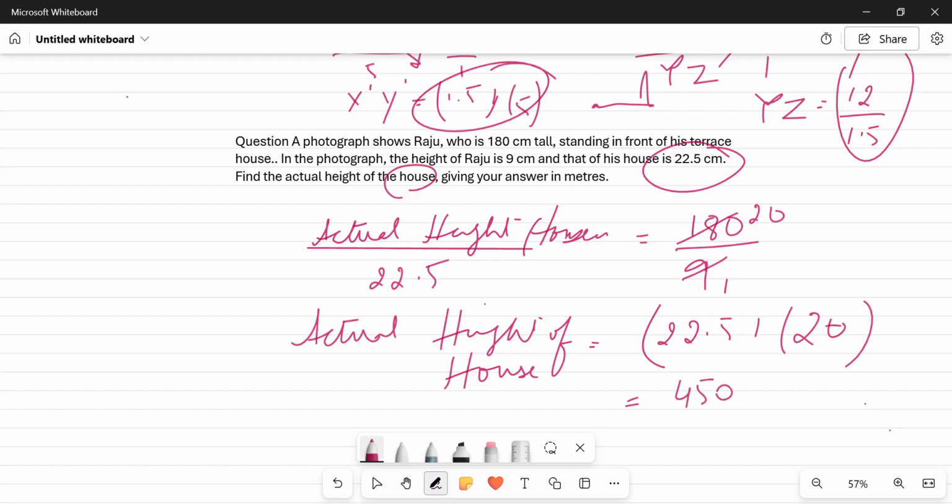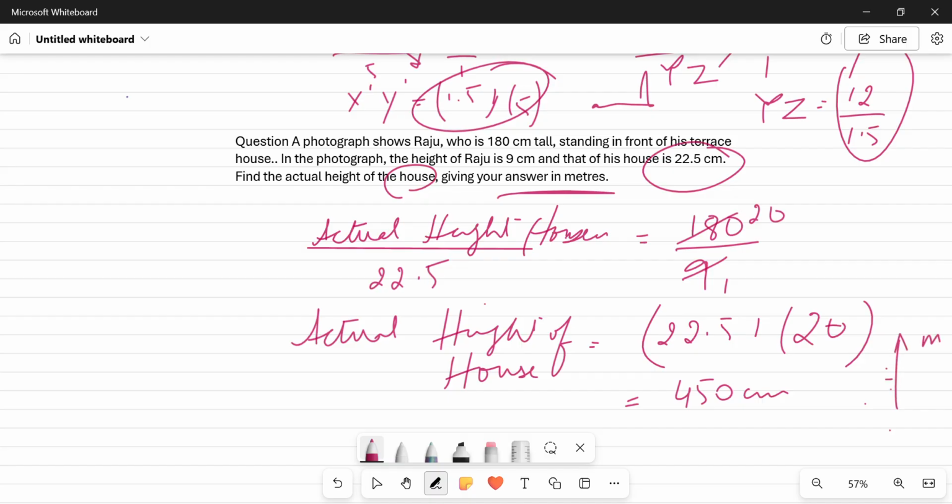450 is basically in centimeter, but you need the answer in meters. Centimeter is the smallest unit, and when we go up to meters, we need to divide.